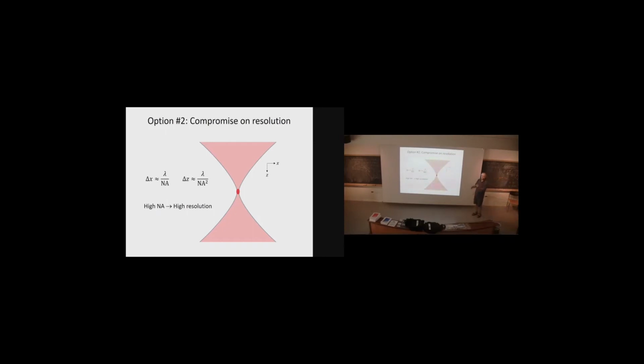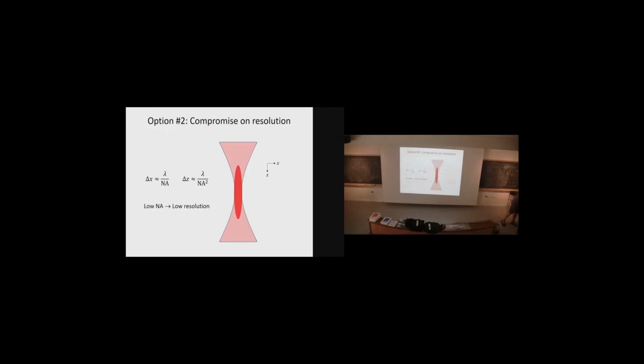The larger the range of angles, the tighter the focus, and the better the resolution along X. Now it turns out the resolution along X and the resolution along Z are not independent. They're correlated, and they obey these kind of laws. So this scales inversely with NA, this scales inversely with NA squared. So basically the upshot is, the higher the NA, the smaller these extents, and the better your resolution.